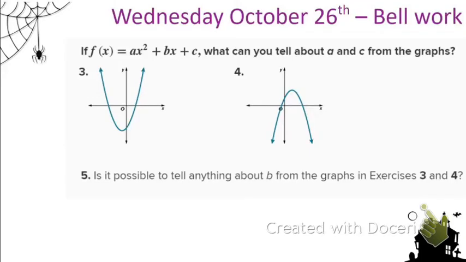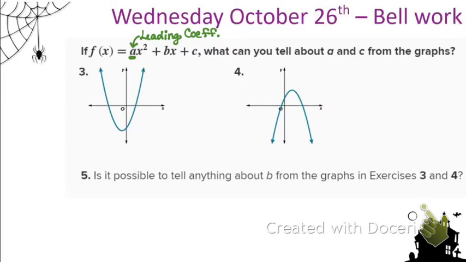All right, so one more time, just so that we've got it written down up on the screen. What do we call A again? Leading coefficient. And on graph number 3, what can you tell me about the leading coefficient? It's positive.